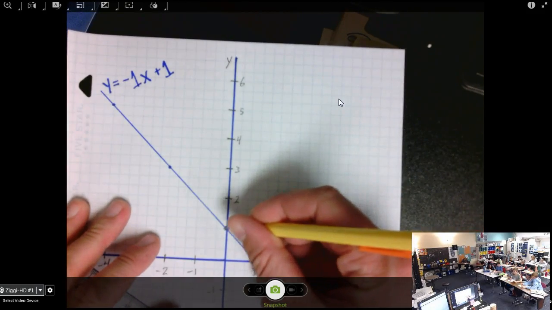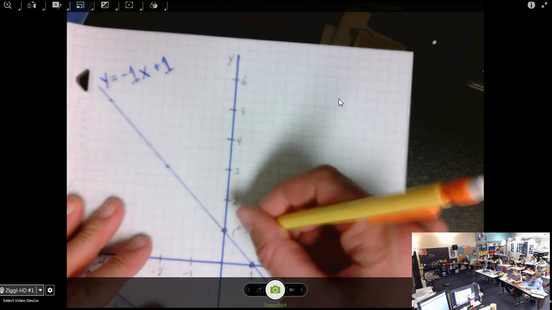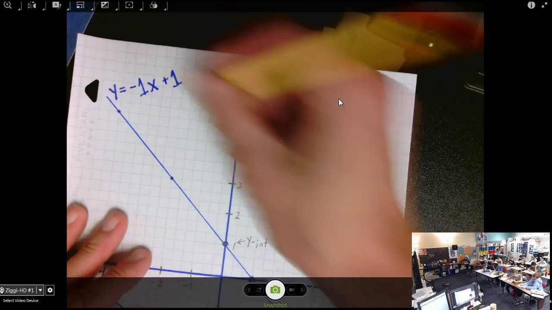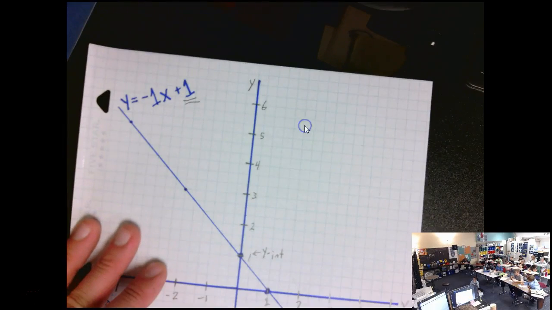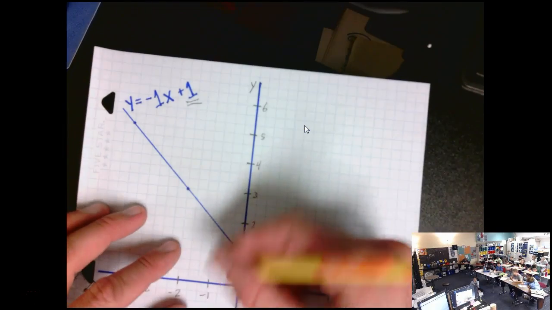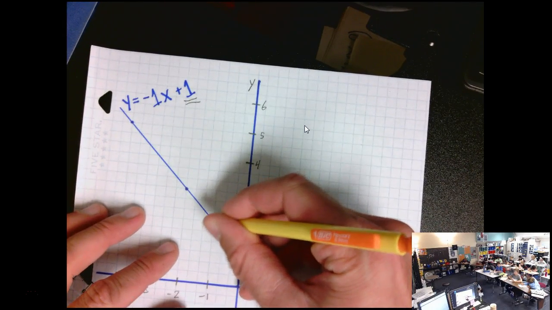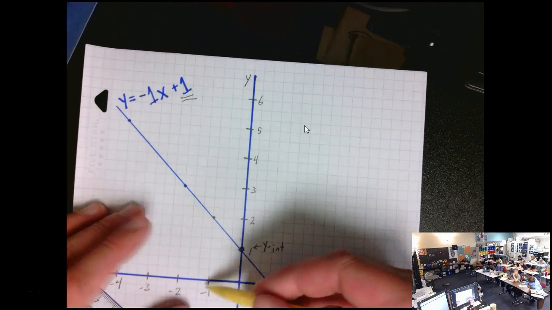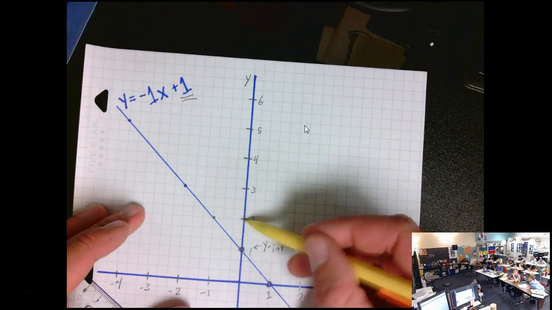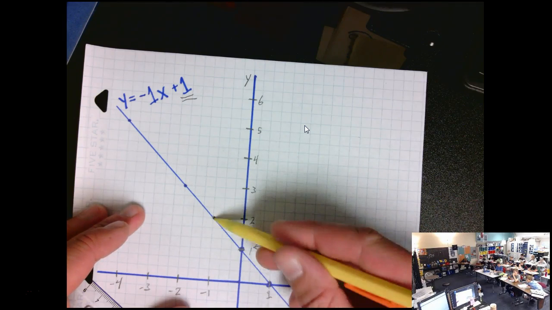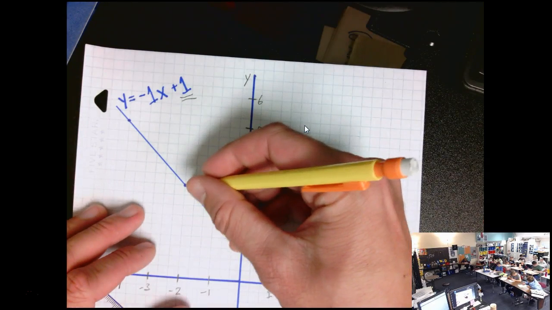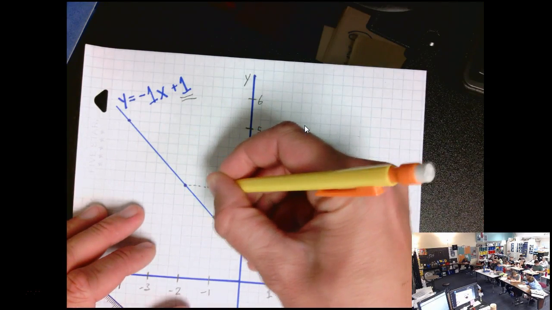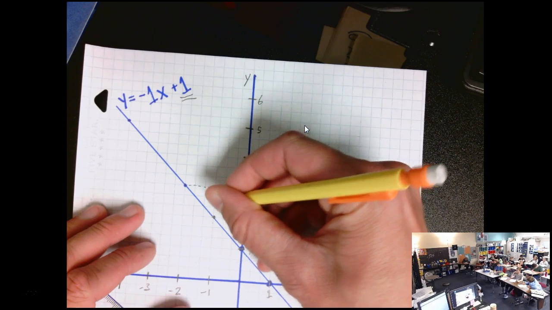This is your y-intercept of plus 1. The slope being negative 1. If we put a point at negative 1, 2, right? If you're looking up at the screen, you can see what I'm showing you. And we go from this point down to this point.